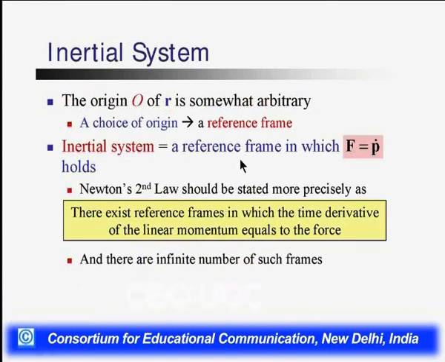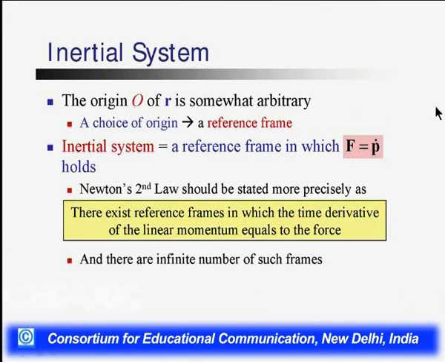Now, inertial system. What is an inertial system? In an inertial system we start with a particular origin O, where r is somewhat arbitrary. We take the origin and choose it as a reference frame. So an inertial system is where we define a reference frame in which F is equal to p dot holds.